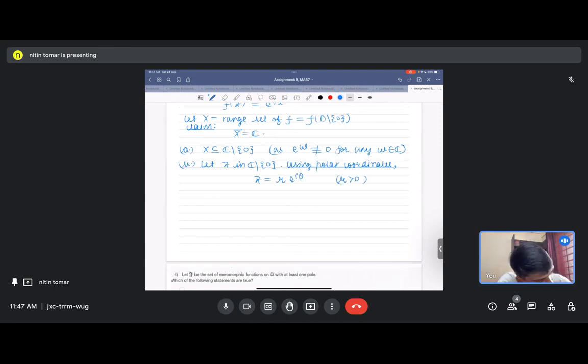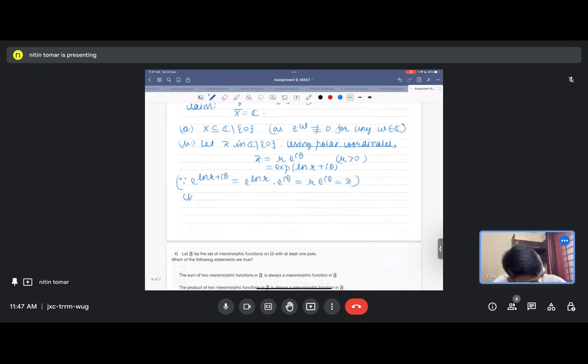Now, can you write this as exponential of ln r plus iota theta? Basically, I have written this as e^(ln r plus iota theta). It should be e^(ln r) times e^(iota theta), right? Then it will be r e^(iota theta), which is z. So this is correct, right?